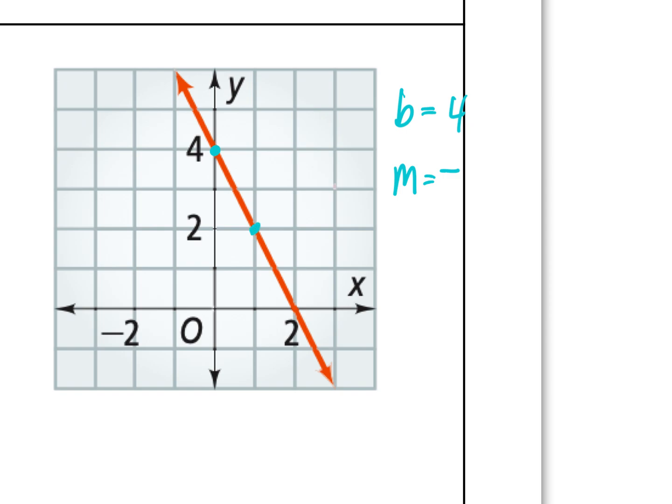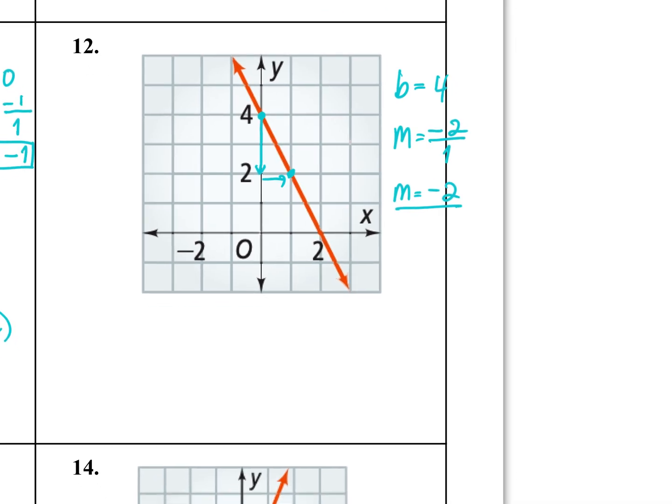If I start from my y-intercept and go down, that's going to give me 2 units. So it's going to be negative, and it runs 1 unit to the right. So my slope here is going to be negative 2. Okay, so let's put our equation together. y is equal to negative 2x plus 4.